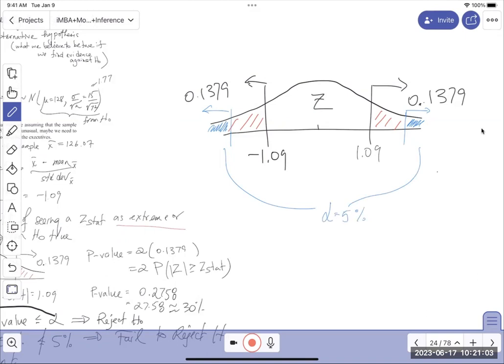Okay, basically, if we were going to reject, we would have had to be in the blue area, but we're outside of the blue area. And to be in the blue area, we would have had to have 5% on both sides. What would be the number of standard deviations to have 5% on both sides? Well, 5% on both sides is 2.5% here.